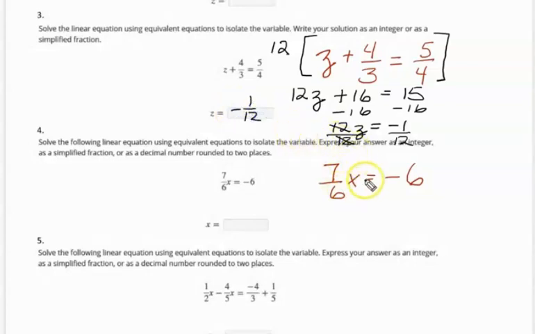Now, this one's a little different. You could multiply both sides by 6, but when there's just a fraction like this, we're going to use another technique. And that is, what can we multiply any number by? In this case, it's 7/6, so that eventually it's going to equal a 1.